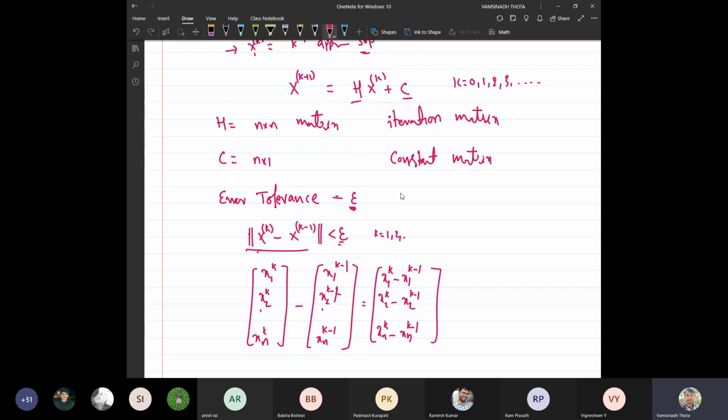The absolute value of the first component should be less than epsilon, the second one also should be less than epsilon.